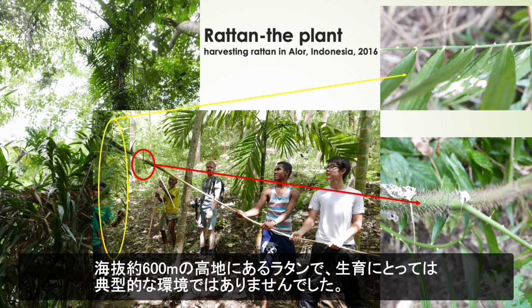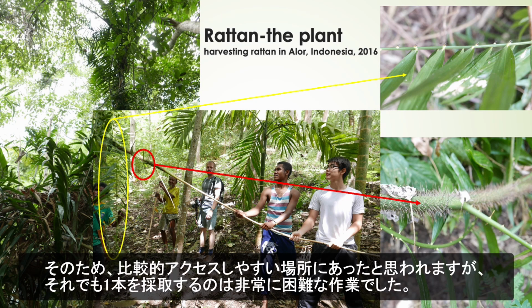And you see on the left side a solitary cluster which grew at a high elevation of around 2,000 feet above sea level, which is not really a typical environment for rattan, and probably because of that it was relatively easily accessible. But nevertheless, it was still challenging to separate one strand from that cluster.